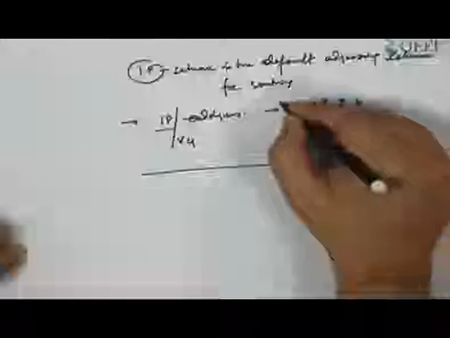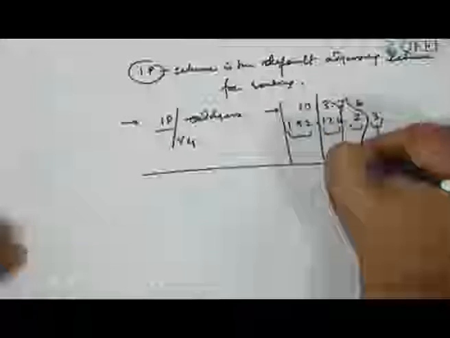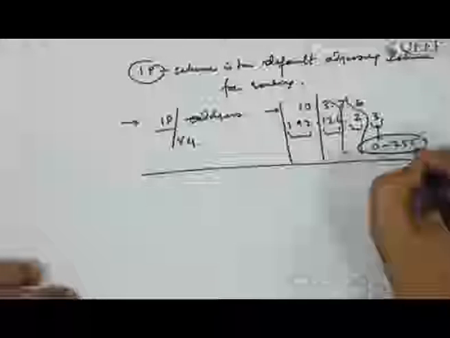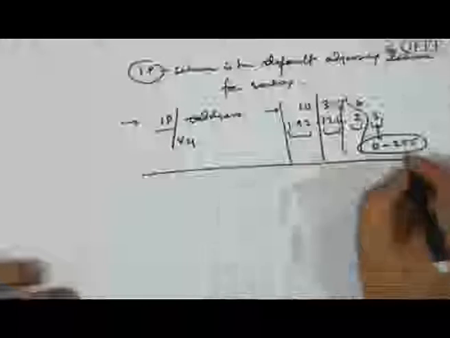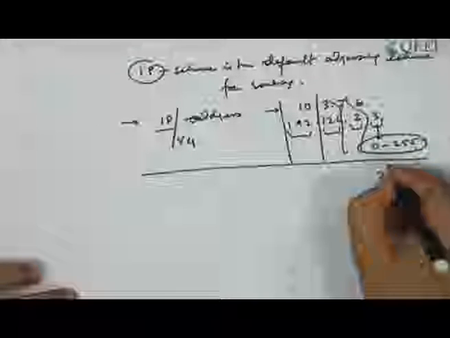So we have a 4 tuple, and each tuple goes from 0 to 255, which means 2 to the power 8.